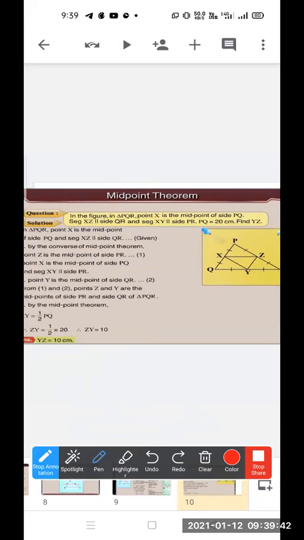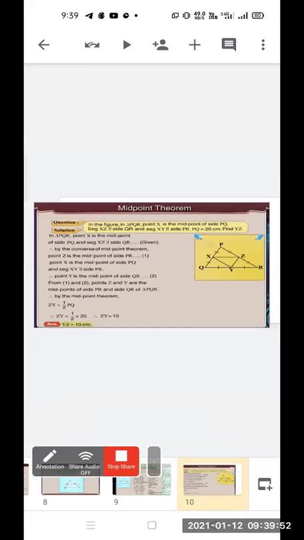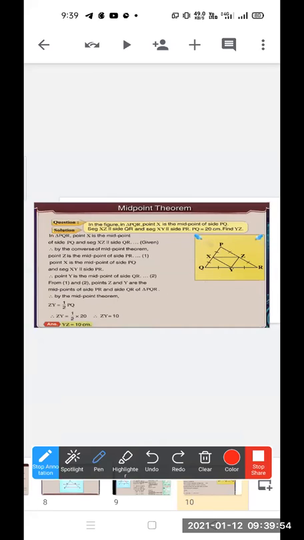Now, by the converse of midpoint theorem, point Z is the midpoint of side PR. Why is point Z the midpoint of PR? Because of the converse of midpoint theorem. What is the theorem?